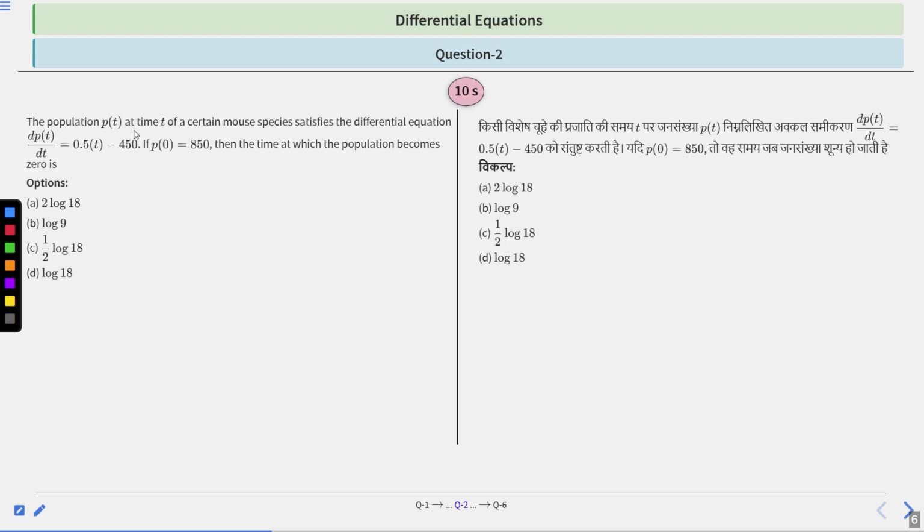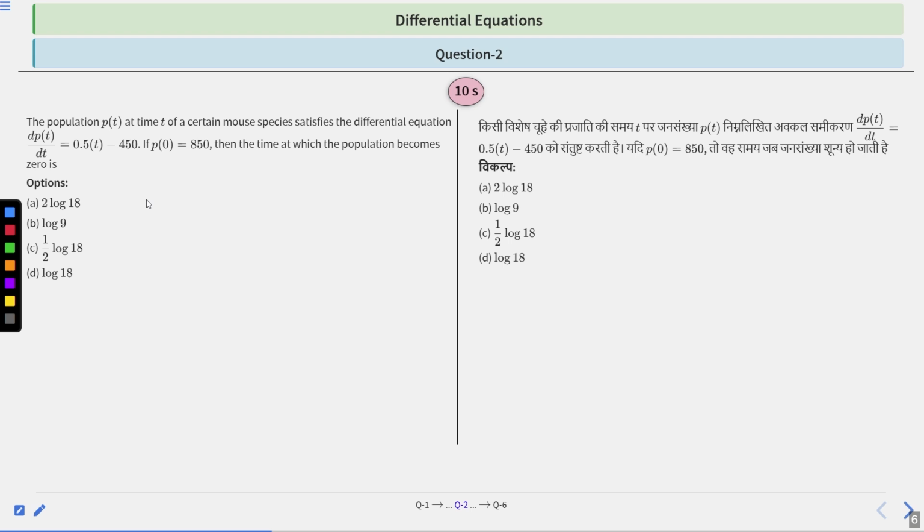After solving, you will get a constant c attached with it, and by using the relation P(0) is equal to 850, we can find the value of that constant. After that we have to find the time at which population becomes 0. So in this way you can try to approach this question. You have 10 seconds to solve or think about this question. After 10 seconds we will discuss the solution.